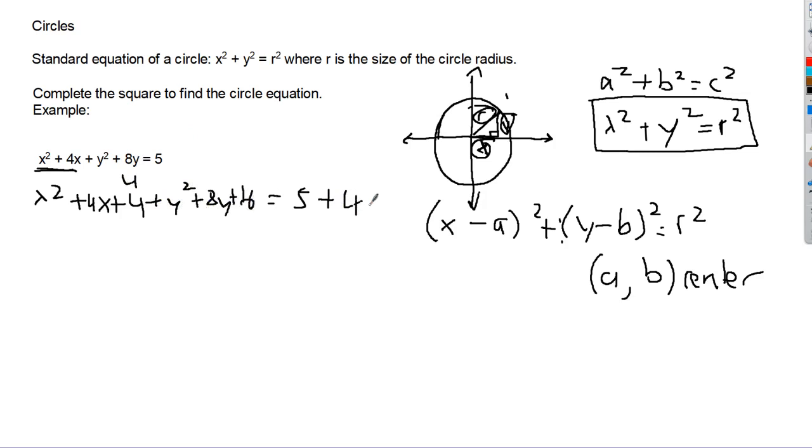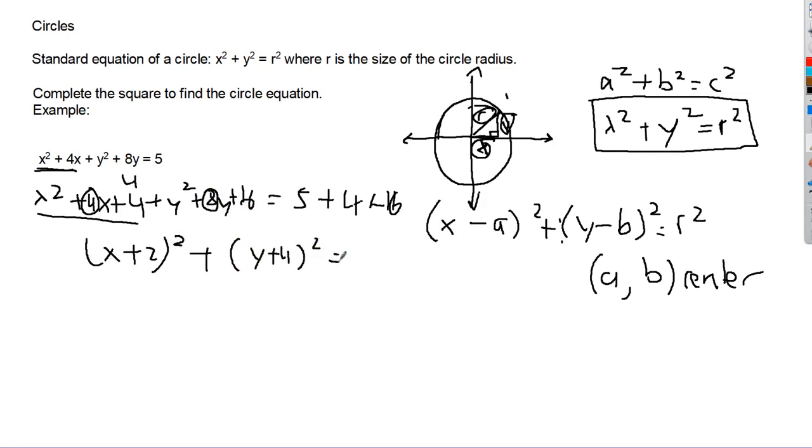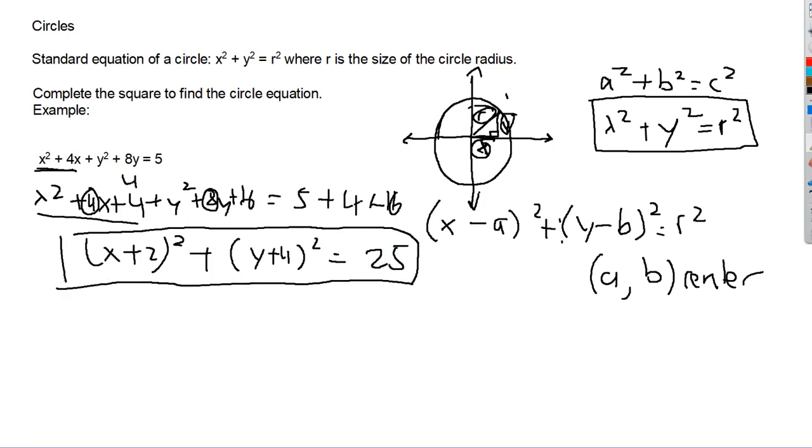So you add 16 to the other side. Now you can complete the square. You have x plus 2 squared, and y plus 4 squared, and then 5 plus 4 plus 16 is 25, and that's your circle equation. Don't have to graph it, because the question didn't say to graph it, but if you want to graph it, you can.